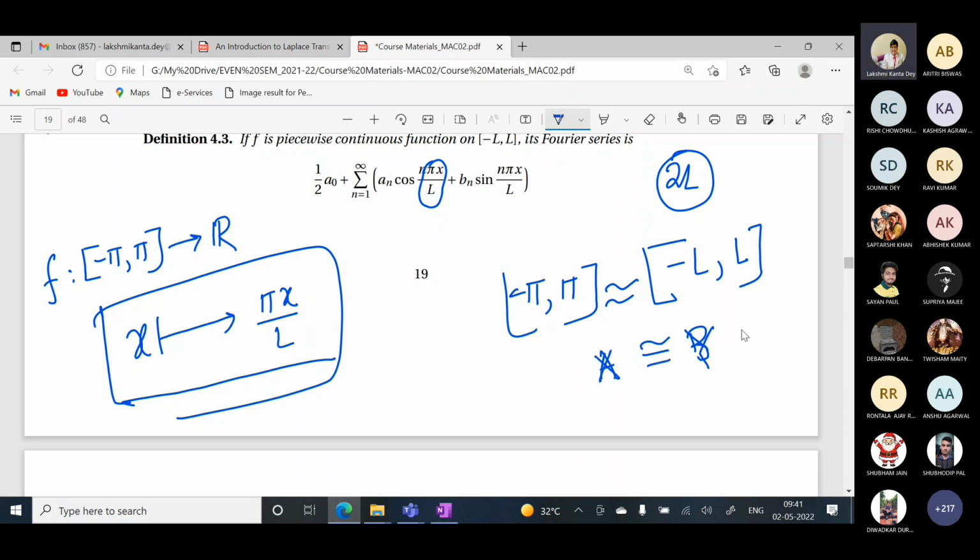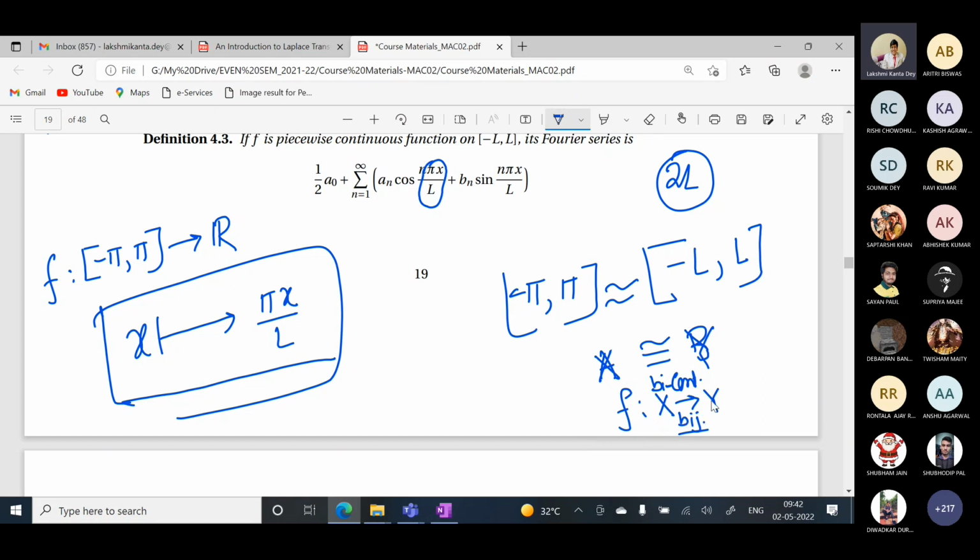They are said to be homeomorphic if there exists a function f from X to Y which is continuous, and f inverse is also continuous. So I write it is bicontinuous and bijection. Why is bijection necessary? In order to have the existence of f inverse. So f is continuous, and its inverse mapping from Y to X is also continuous.